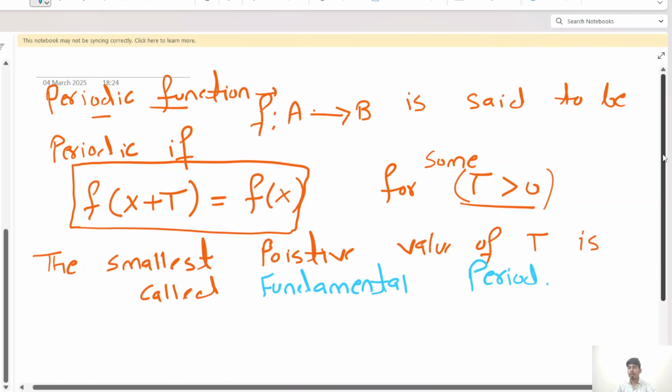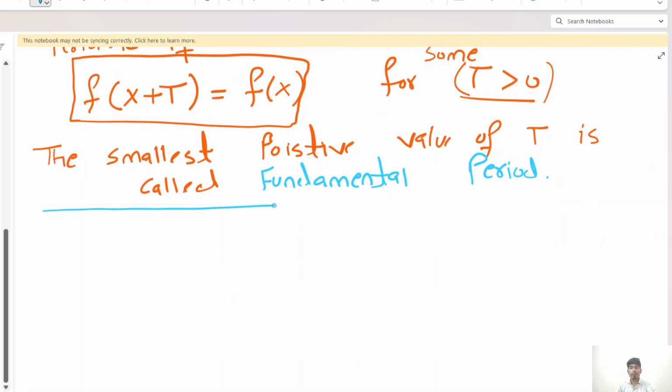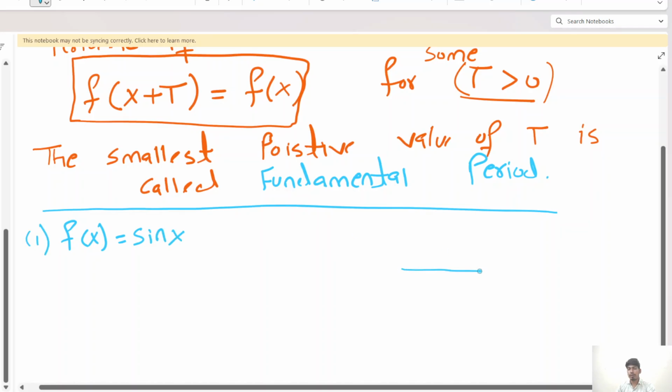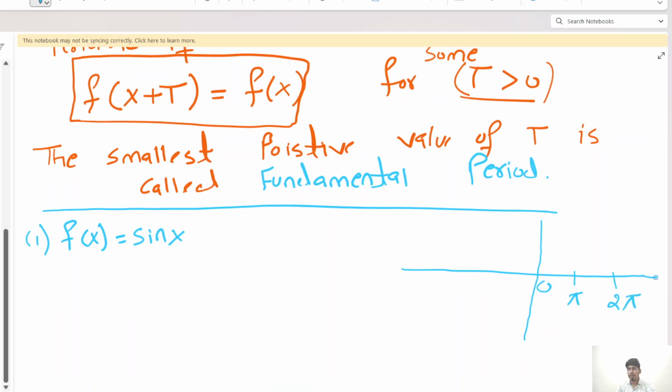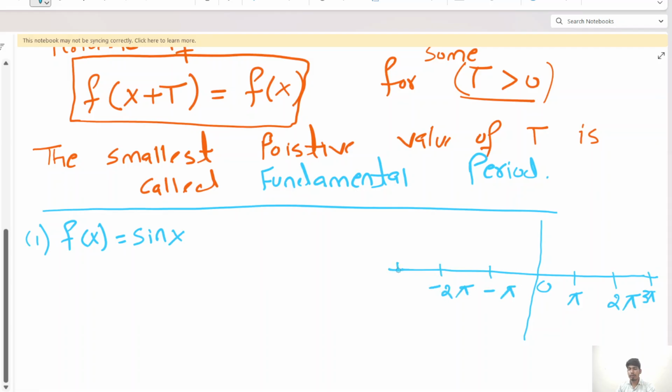Now I tell you the periods of some basic functions. Let f(x) be sin x. What is the graph of sin x? We know this is the x axis and this is y. This is 0, pi, 2 pi, 3 pi, and here minus pi, minus 2 pi, minus 3 pi.